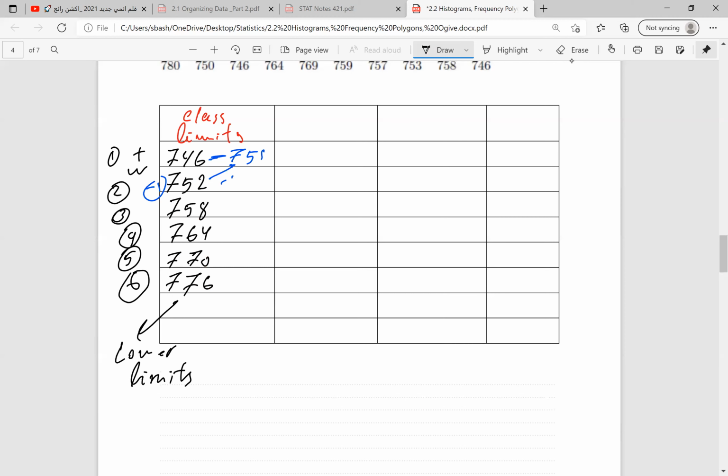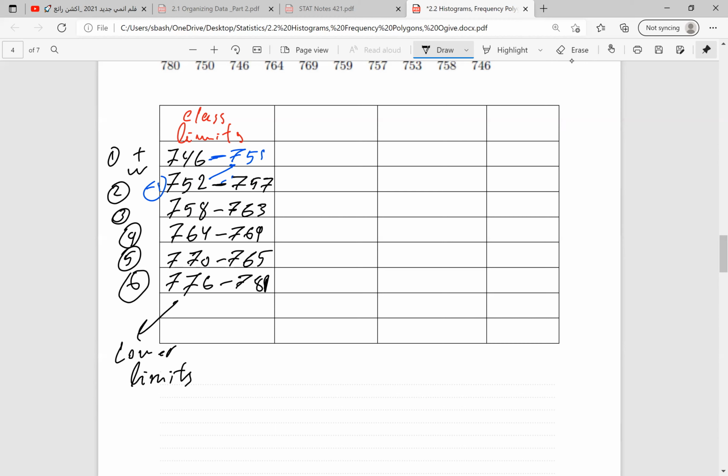Now I can find the other upper limits. Just add the class width. Add 6 to 751, it will be 757. Just add the value each time for the upper limit. Next one will be 763, next one will be 769, next one will be 775, next one will be 781.